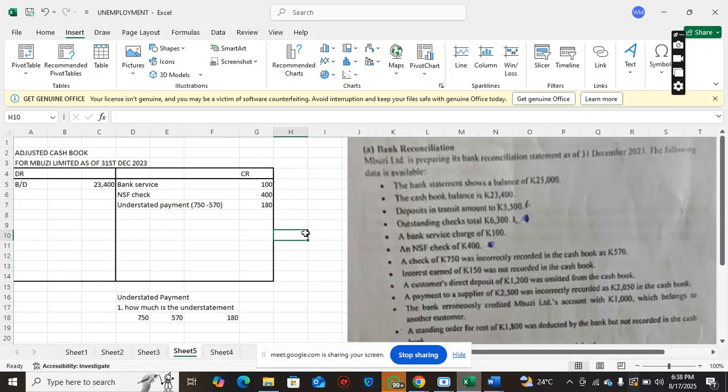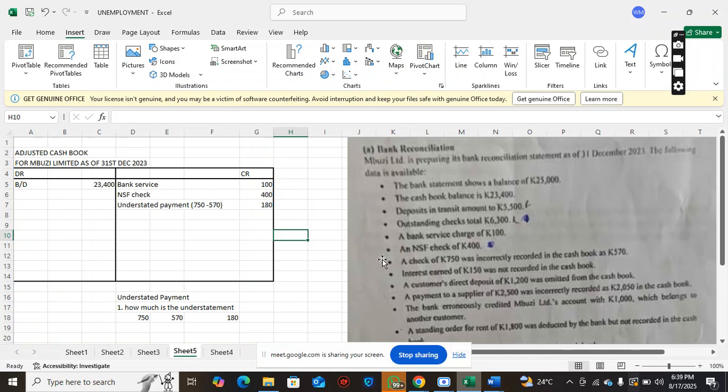Where was I kicked out from? Are we okay with this understated payment being put at 180 kwacha? Is everyone okay with this credit entry? Yes, as I said, the payment was understated.